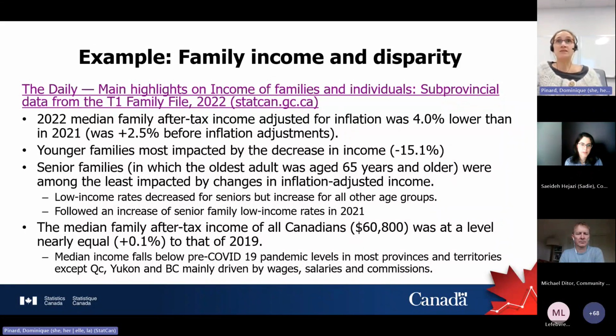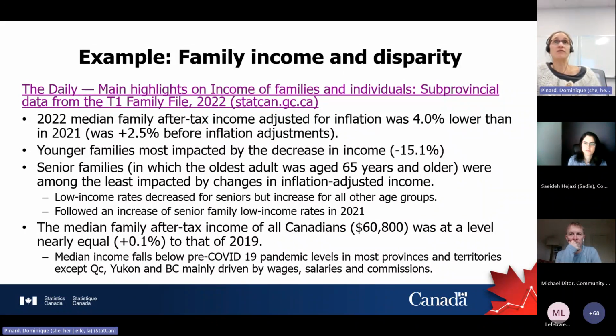Before adjusting for inflation, there was a growth in the median family after-tax income of 2.5%, but then the cost of living increased faster than the median family after-tax income, and we have a decrease of the after-tax income of 4%. What we were able to say in that release is that younger families were most impacted by the decrease in income.